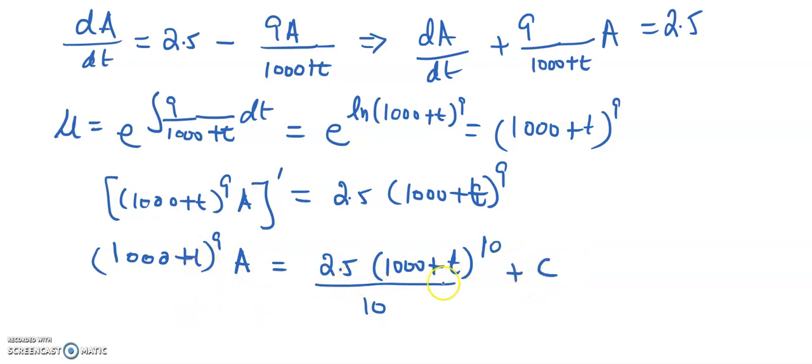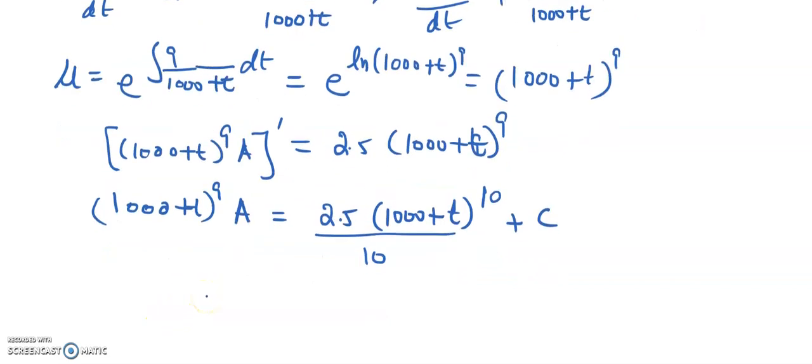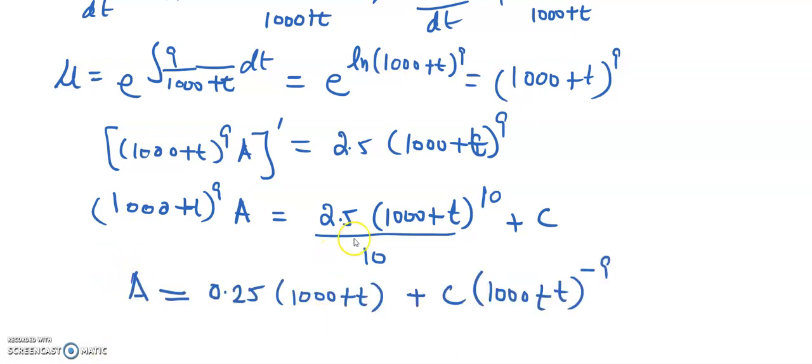In this way, if you simplify this in terms of A, then the equation will become A is equal to, after simplification. A quick examination will show that at infinite time the amount of salt will also be very large, infinity.